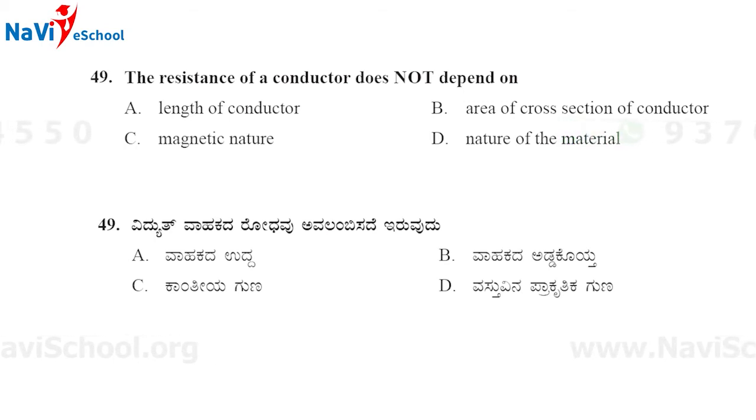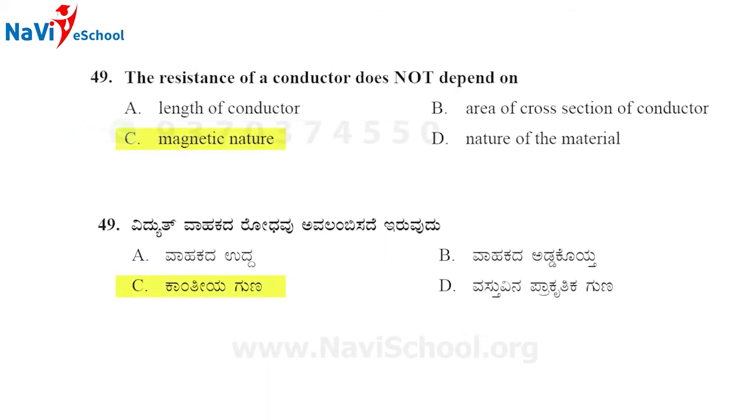Length of the conductor depends. If the length changes, the resistance also changes. And what about the area of cross section of the conductor? It is also related to the resistance, and even the nature of the material, but it does not depend upon the magnetic nature. That's why here option C is our answer.